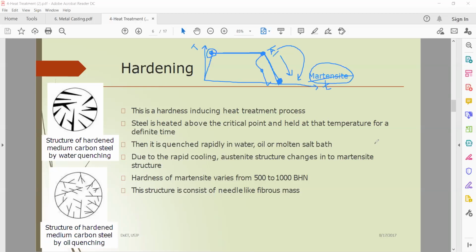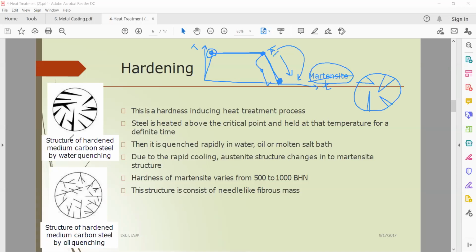martensite structure. You are doing the hardening process, then austenite structure changes to the martensite. What is the structure? If you see the cross-sectional image of the hardened steel, you can see this kind of shape, needle-like shapes, right?